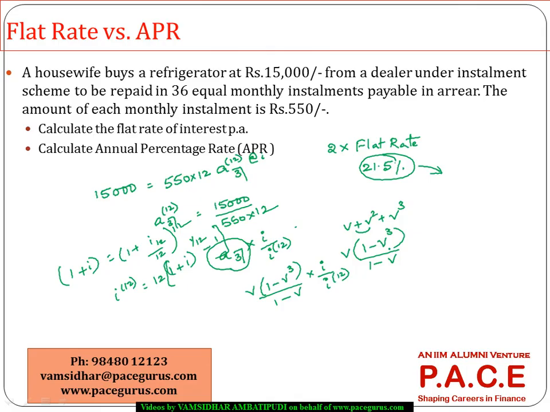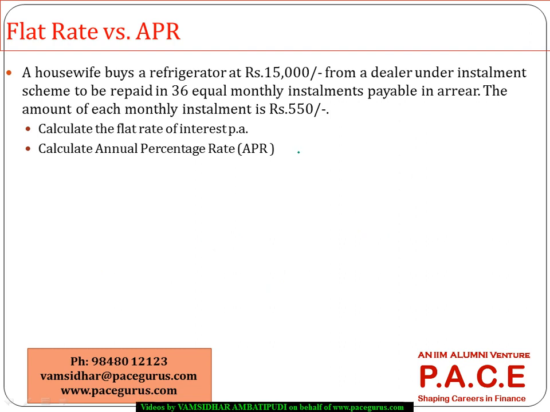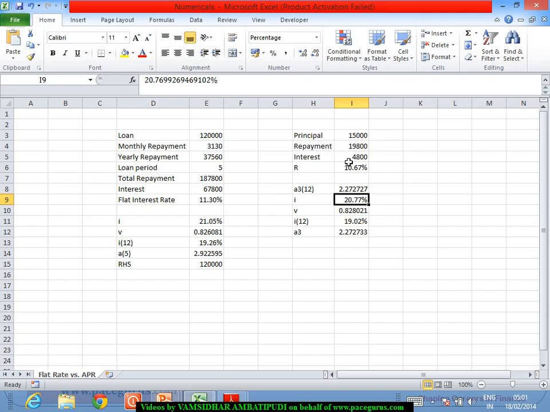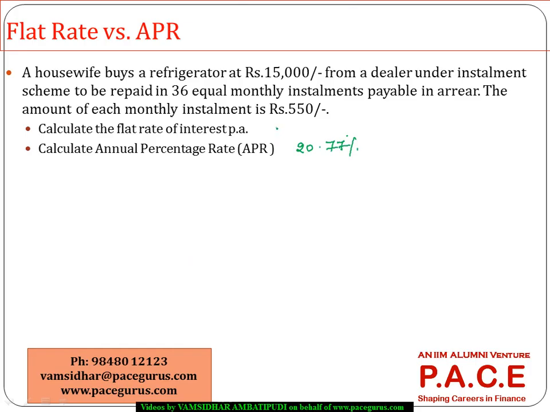If I am applying the interest rate, this is working out to around 20.77%, where to a large extent this is replicating this. So the annual percentage rate in this example has come out to 20.77%, whereas the flat rate of interest is 10.67. So just as a quick start, we can take the double of it, slightly lesser than the double, and then start checking with various trial and error methods to see where there is a match between the actual AN that is getting determined and our particular formula.